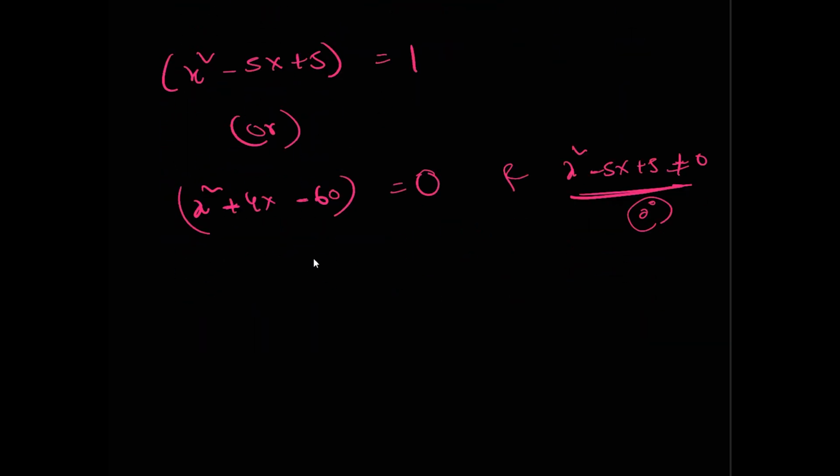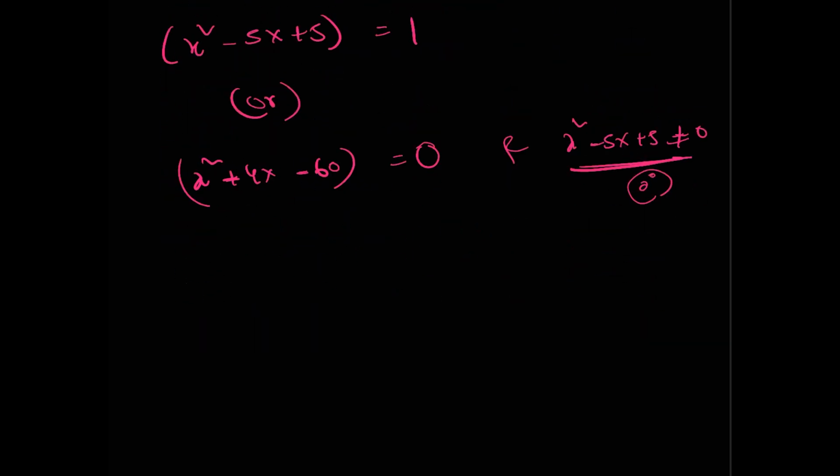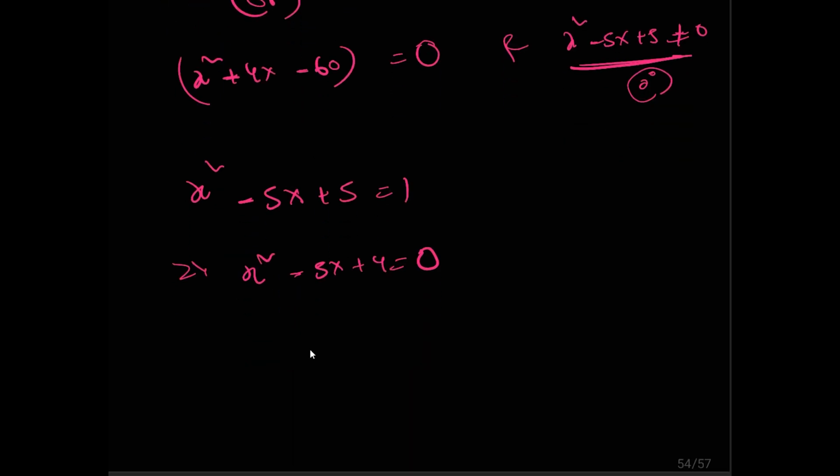Now, for the first case, x square minus 5x plus 5 equals to 1. That means x square minus 5x plus 4 equals to 0. This can be written as x minus 4 into x minus 1 is equals to 0. x equals to 4 comma 1.